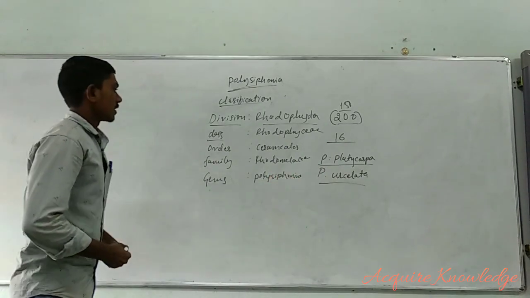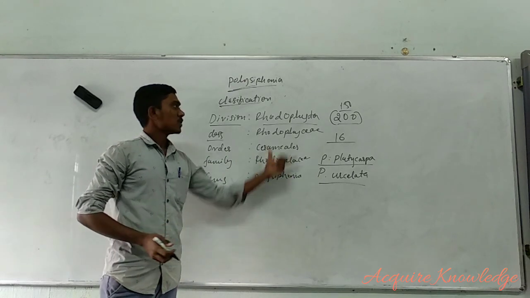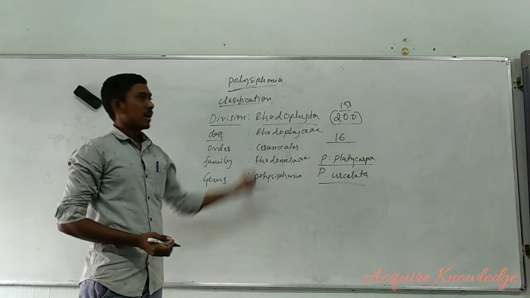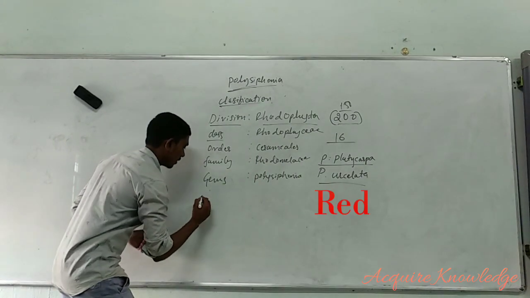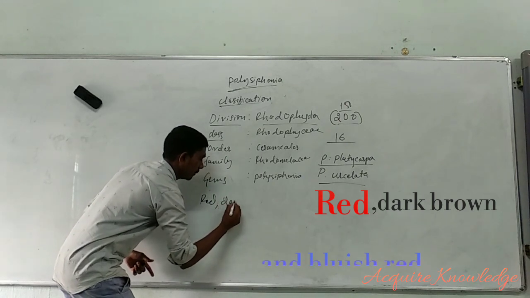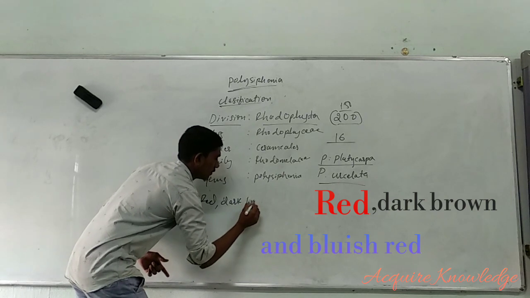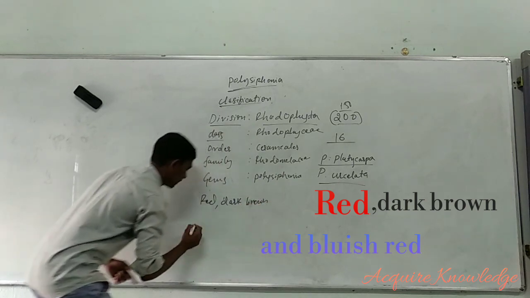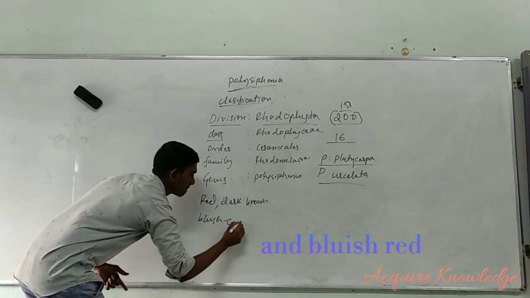Next, the red alga looks red because of some pigments, and it is not only red in color. It is also available as dark brown and bluish green.